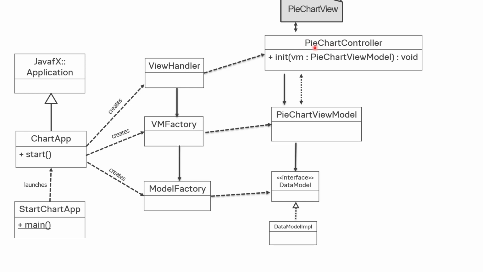The JavaFX framework will use its default constructor without any arguments, so I need some kind of method to initialize my pie chart controller with the data and information that it needs. So all my controllers will have an init method.